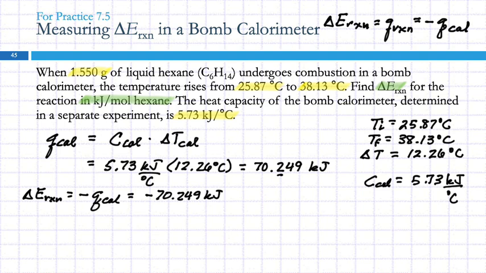Is the amount of heat released going to depend on how much hexane burned? Yeah. You burn a little bit, you get a little bit of heat. You burn a lot, you get a lot of heat. So having this, we could say that that's negative 70.249 kilojoules per 1.550 grams of hexane.